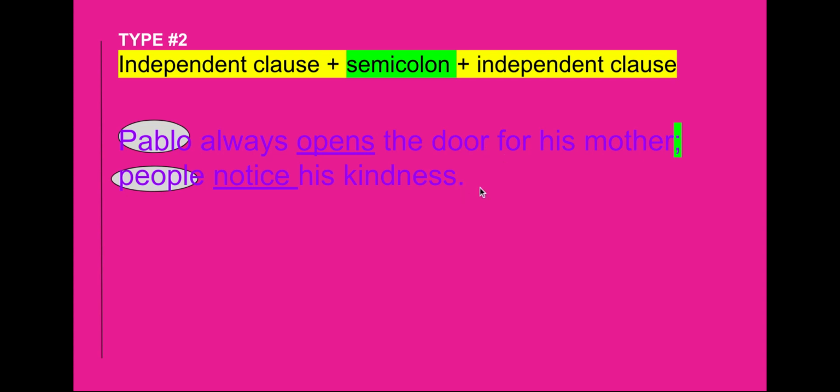So, for example, in type 1, if you're going to use the conjunction and, we know that we use that when we're listing. We use the conjunction or when you're giving options. But here we don't have that. All we have is a semicolon. So it is super important that you only select sentences to combine that are similar in topic.